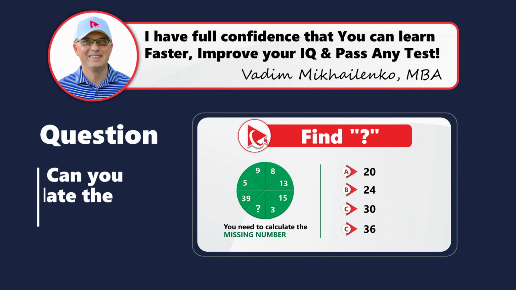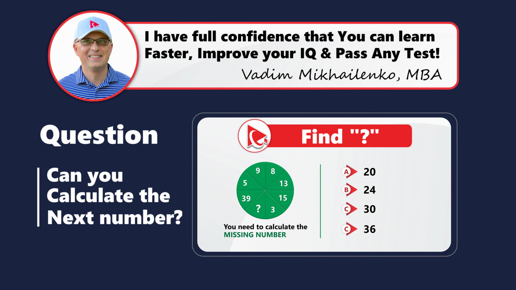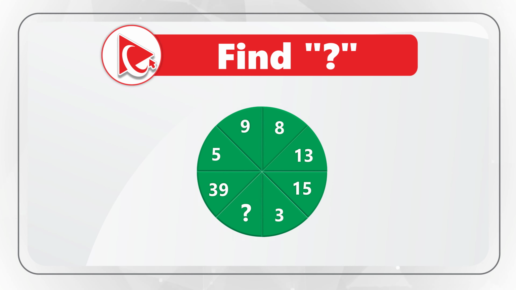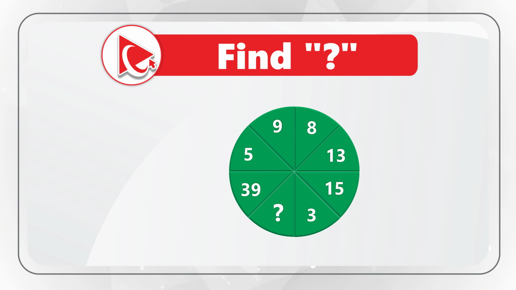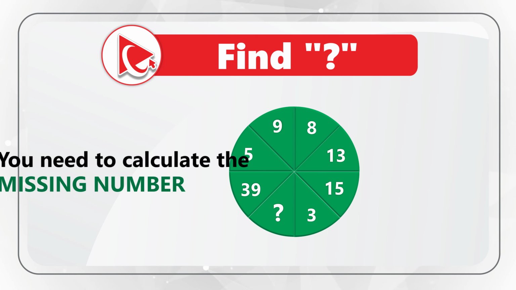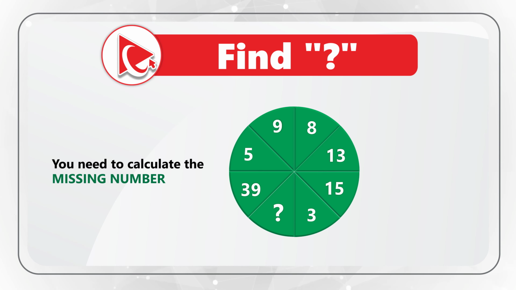Here's a problem some people might find challenging, but in reality, it's very easy to solve. You're presented with a circle broken down into 8 sections. In each section, there is a number, and in one section, the number is missing, and you need to calculate the missing number.